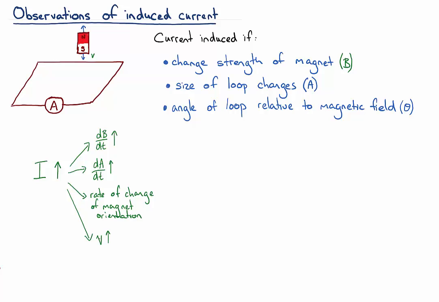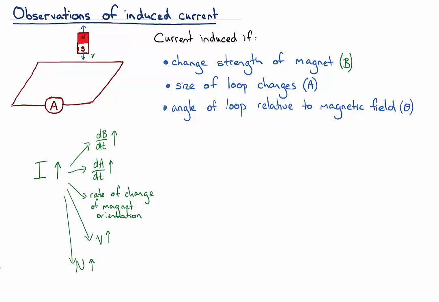And also you get a larger current induced if you had multiple loops of wire. So if you had many, many loops of wire all wrapped on top of each other, a bit like a solenoid, then you'd have a larger current induced there.